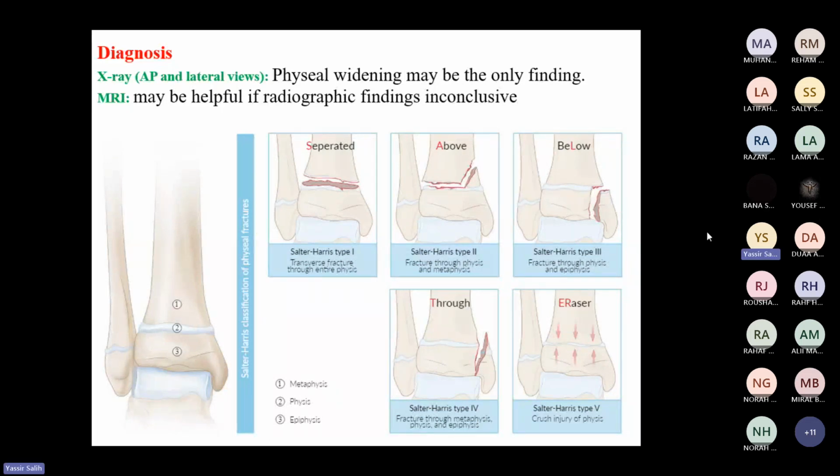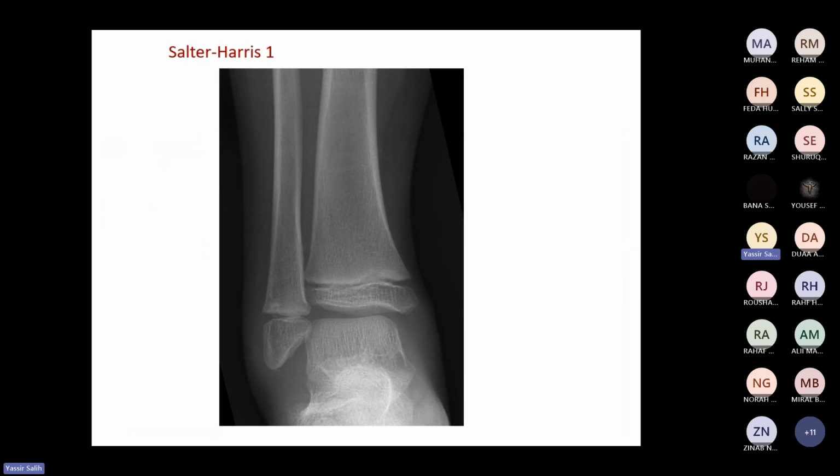Growth happens in this cartilage, and once it is crushed there will be calcification and no more growth. The growth will be arrested, so this is the most aggressive one. The others can be fixed, but here there is crushing of the cartilage, which may lead to arrest of the growth. So it is very aggressive.